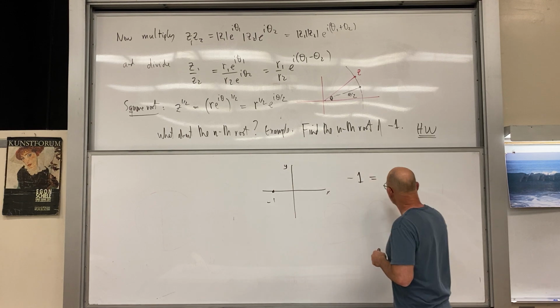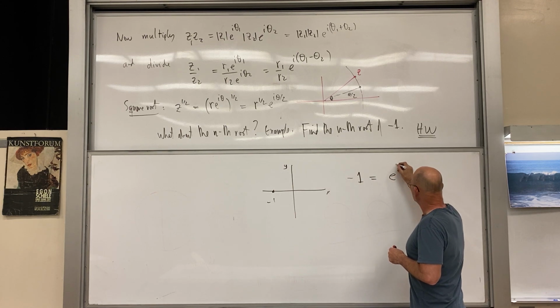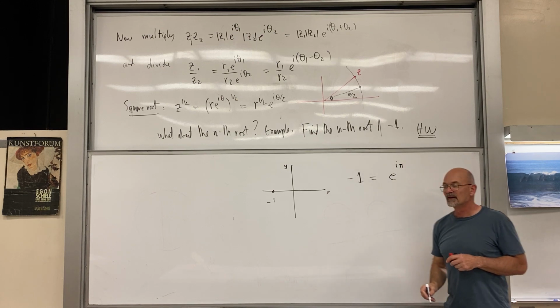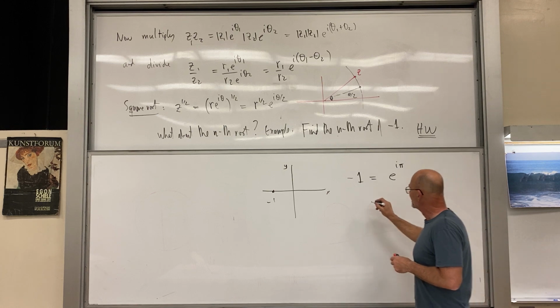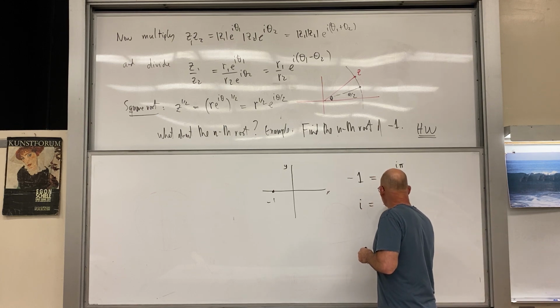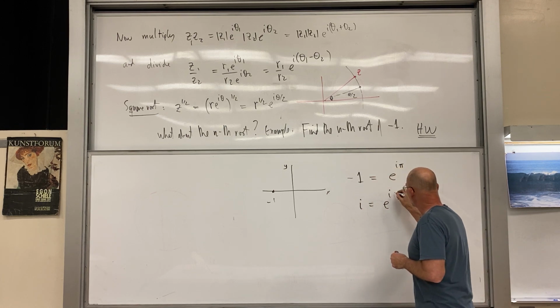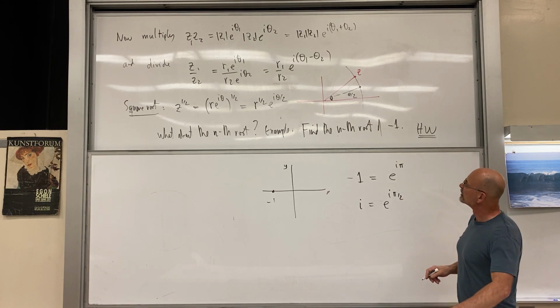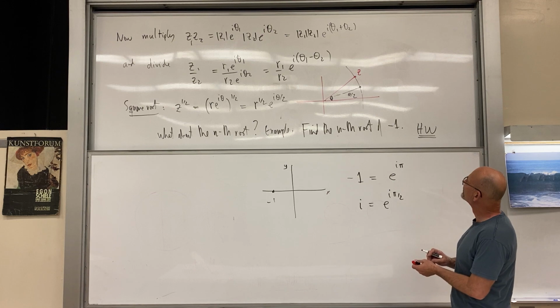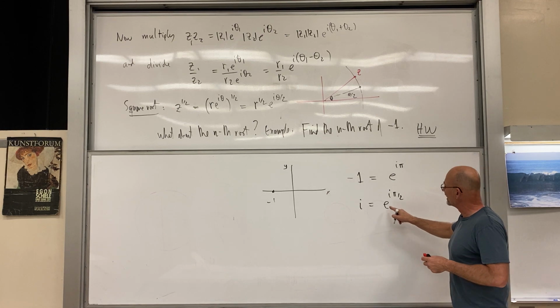So -1 is equal to e to the i times pi. You can see i is equal to e to the i times pi over 2, interestingly, right? I'm just using our definition here, r e to the i theta.